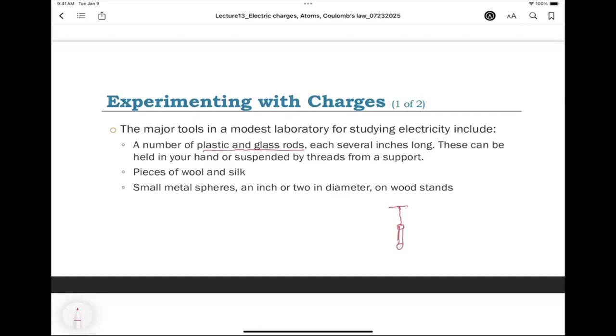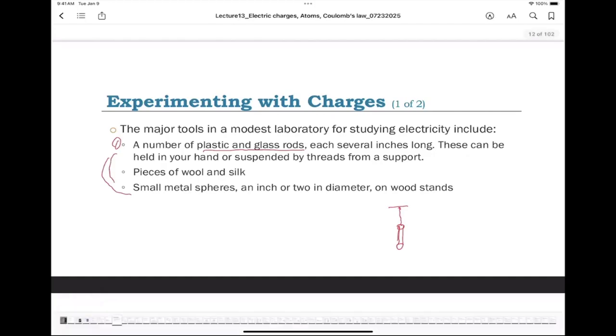And the second thing is some pieces of wool and silk. And the next thing is small metal spheres, an inch or two in diameter, on wood stands. Those three things are used for studying electricity in a modern laboratory.